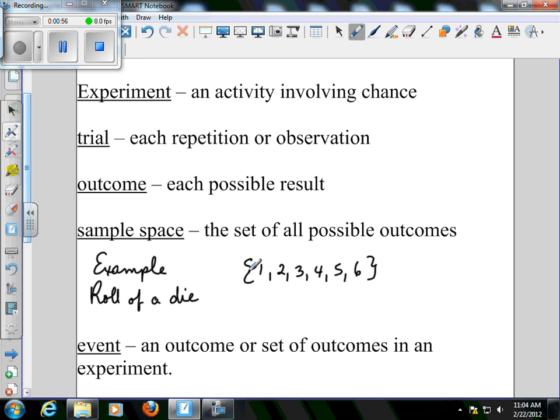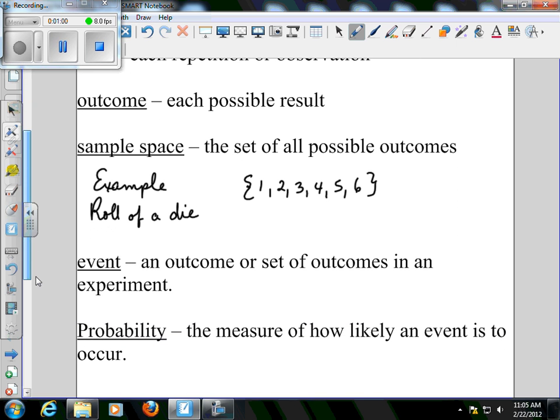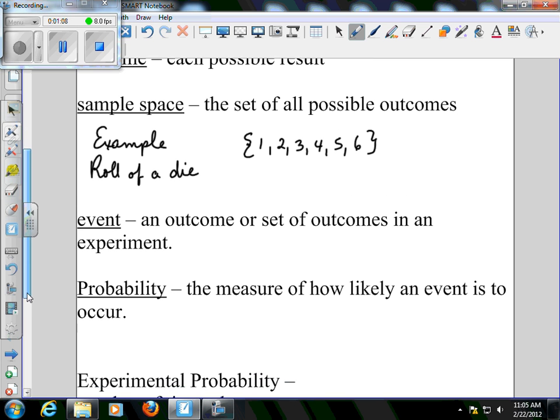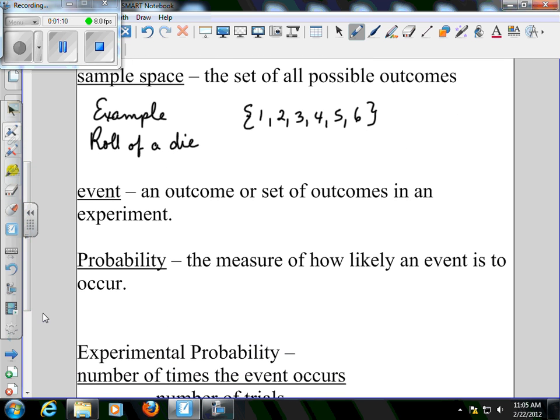So those are all the possible outcomes, and we do put those in braces. An event is an outcome or set of outcomes in an experiment, and the probability is the measure of how likely an event is to occur.